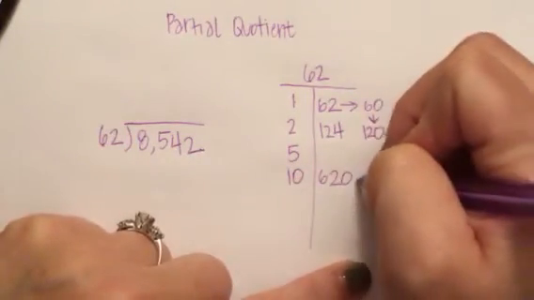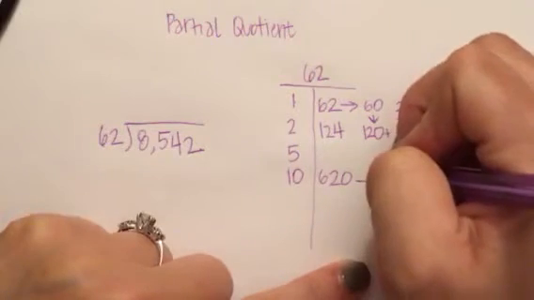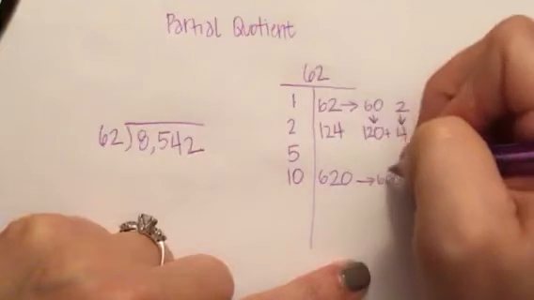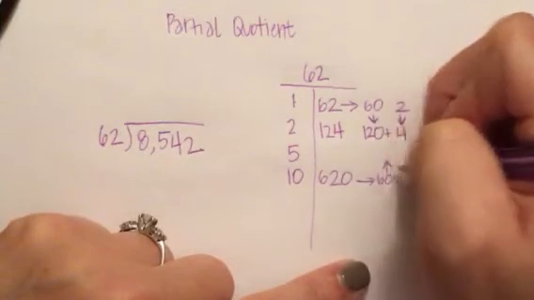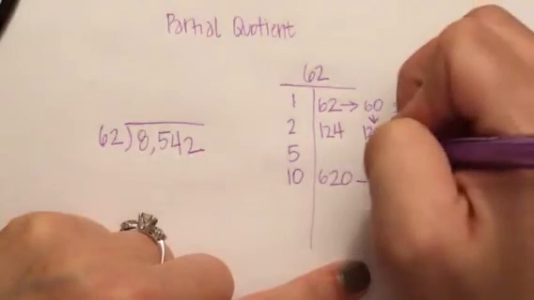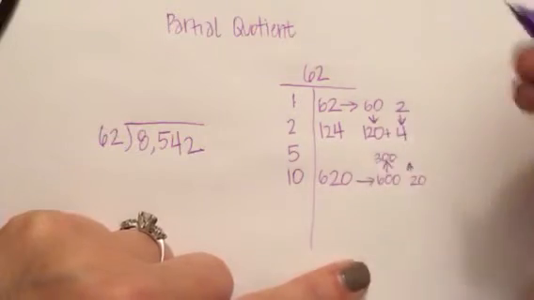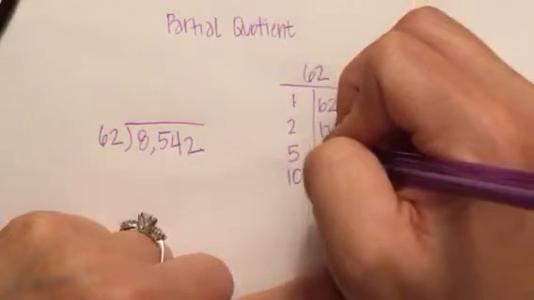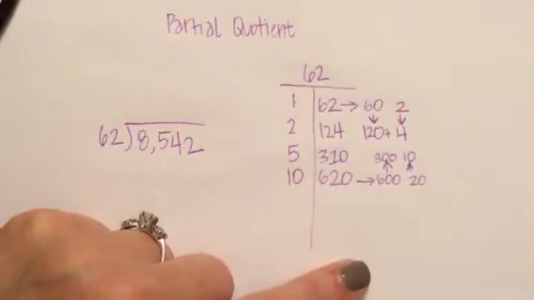If you can't do this in your head, again, use the same strategy. So you get 600 and you get 20 this time. But instead of going double, I'm going backwards. I'm going to divide it in half. So half of 600 is 300 and half of 20 is 10 to get 310.